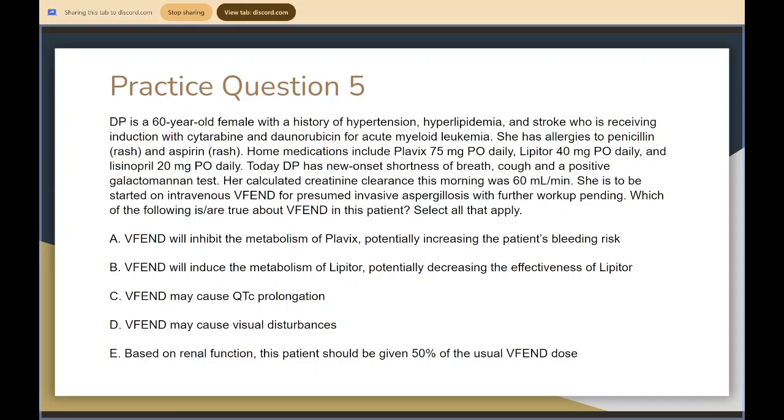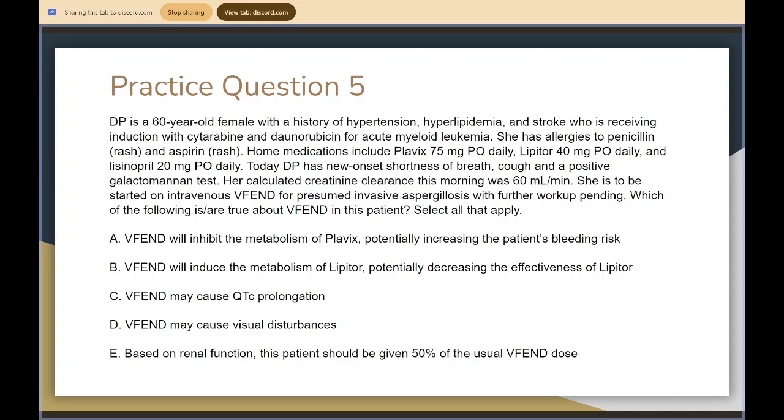Practice question 5 says DP is a 60-year-old female with a history of hypertension, hyperlipidemia, and stroke who is receiving induction with cytarabine and daunorubicin for acute myeloid leukemia. She has allergies to penicillin, rash, and aspirin rash. Home meds include Plavix 75 mg PO daily, Lipitor 40 mg PO daily, and lisinopril 20 mg PO daily.